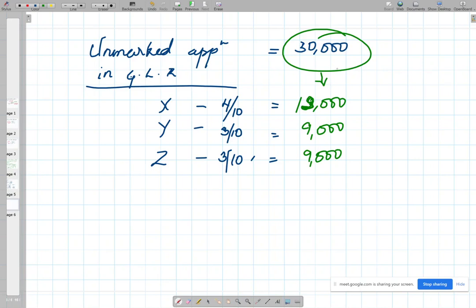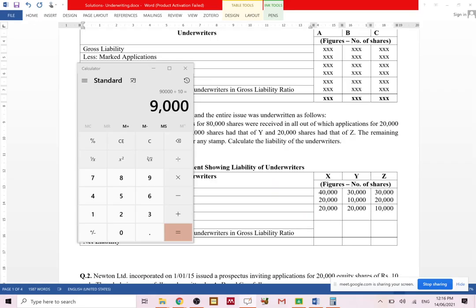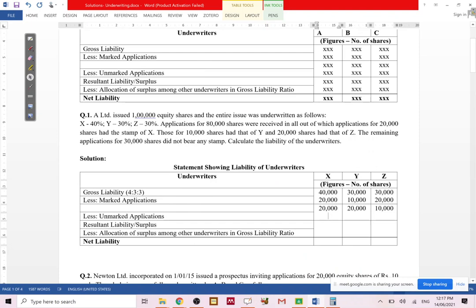Have you followed? So what have we done? Those direct applications which were received by the company, we need to reduce from their liability, because since those shares are already sold to the public, the underwriters no longer have a liability to buy those shares, right? So 12, 9 and 9,000. It will come here.